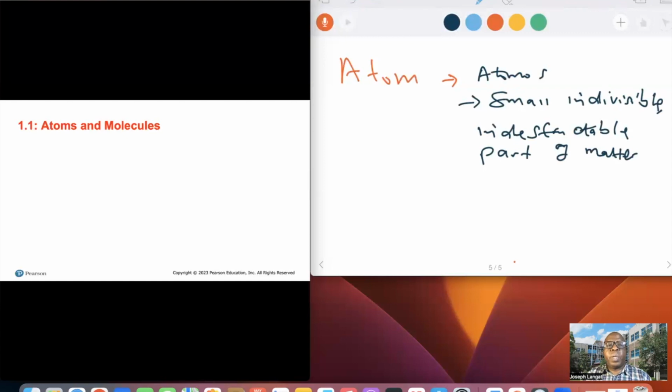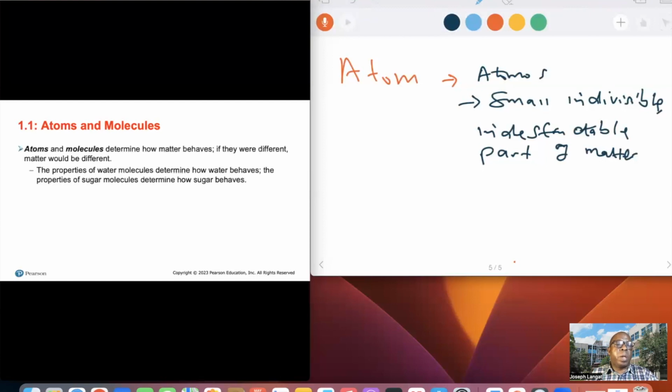It is the simplest form of matter, the smallest you can think of. Molecule, in other words, when two or more atoms, which could be of the same element or different elements, form chemical bonds, what we end up with is a simple form we call a molecule. And strictly talking about molecular compounds.